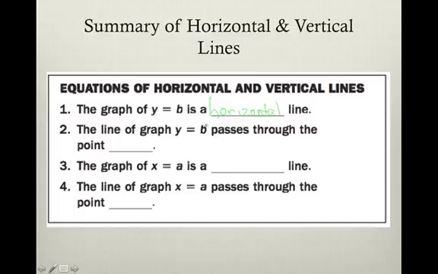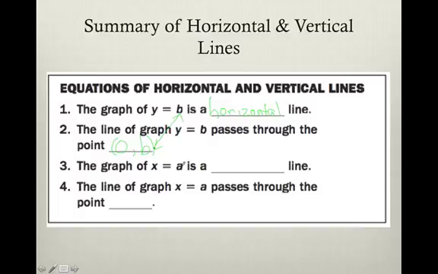The graph of y equals b passes through the point where the x value is 0, and the y value is whatever that number is, which we're representing with the letter b. So whatever that number is, this b, that's the point it's going to go through.